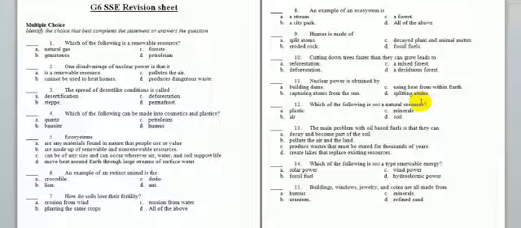Coal and petroleum are polluting the air all the time. That's why I can say it has this negative effect on our environment. So the right answer is B, pollute the air and the land.